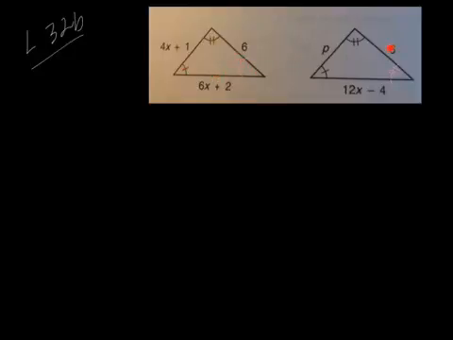But this one has 6 and this one has 6, so you're probably going to find out that, in fact, this side is equal to this and this side is equal to that. Which tells me that if this side and this side are equal, I could probably pretty easily find my x, can't I?